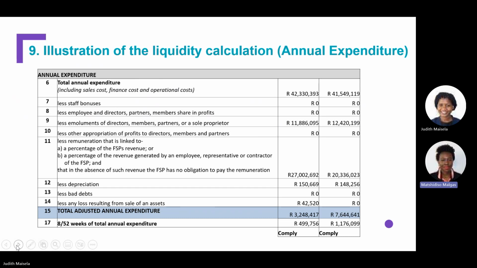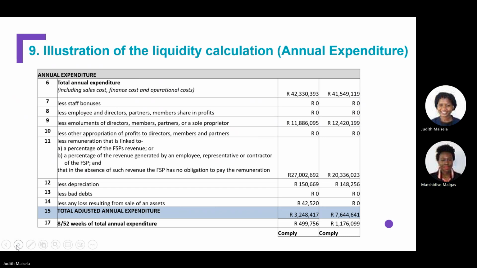We deduct remuneration that is generated by employees, representatives, or contractors of the FSP. What is of importance is that in the absence of such revenue being generated, the FSP would have no obligation to pay that remuneration, and hence that remuneration is deducted from the total annual expenditure.